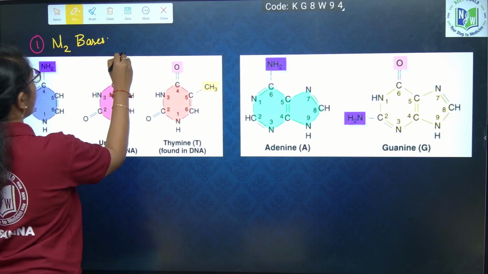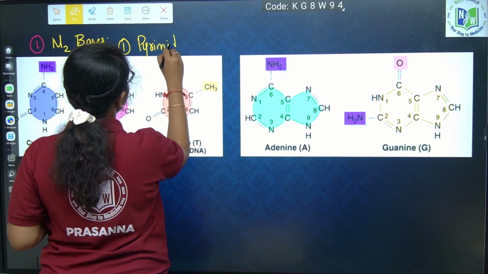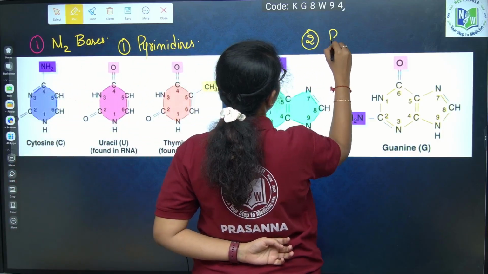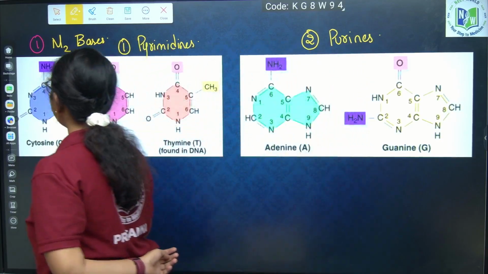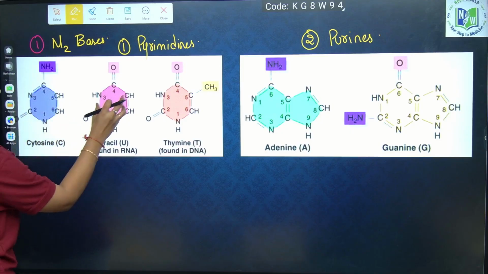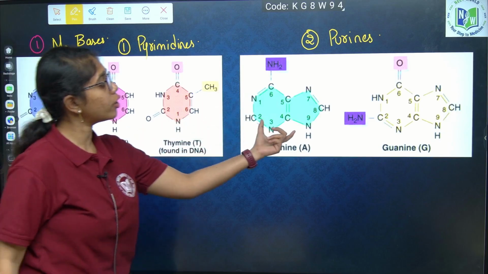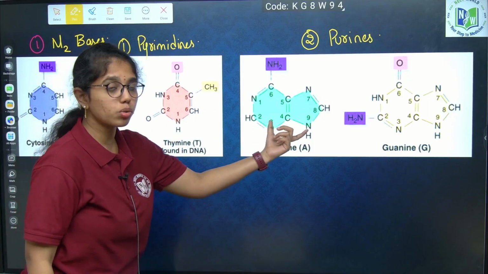One is pyrimidines, and the second is purines. If you look over here, the pyrimidine is a single cycle, and in purine you will see two cycles attached. Pyrimidine is one cycle and purine is two cycles.